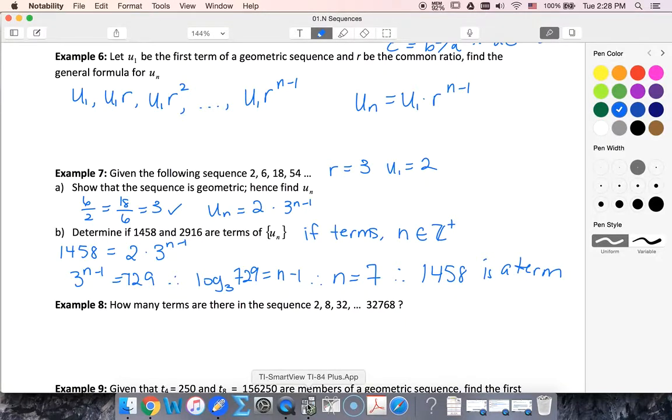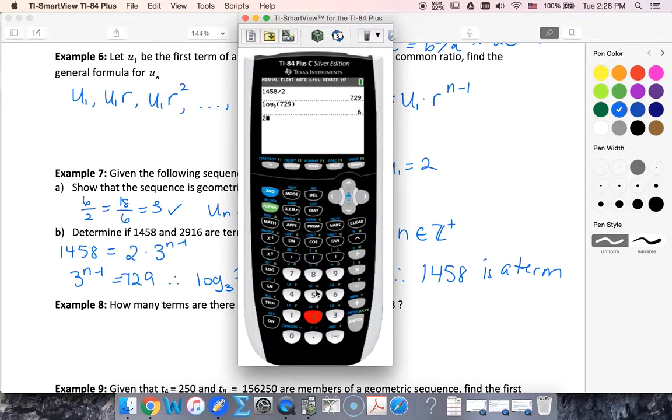Let's repeat with 2916. So half of 2916, get rid of that 2 first. And then we're going to go into log base 3 of that 1458. Well, already I know that 729 times 2 is 1458.